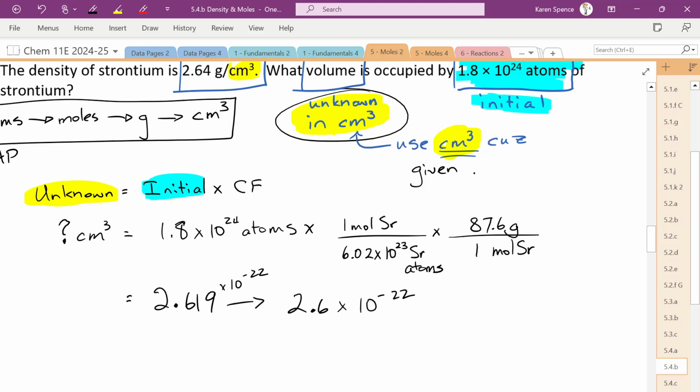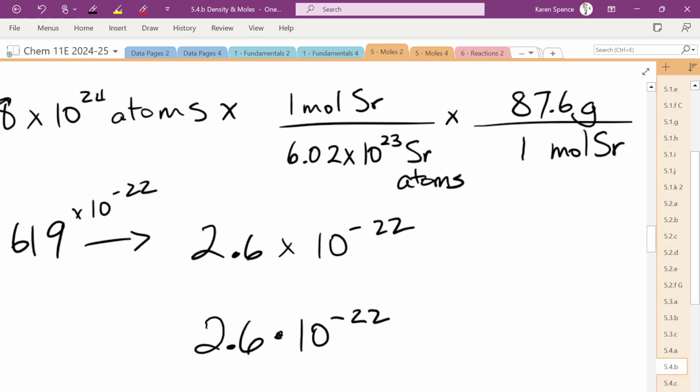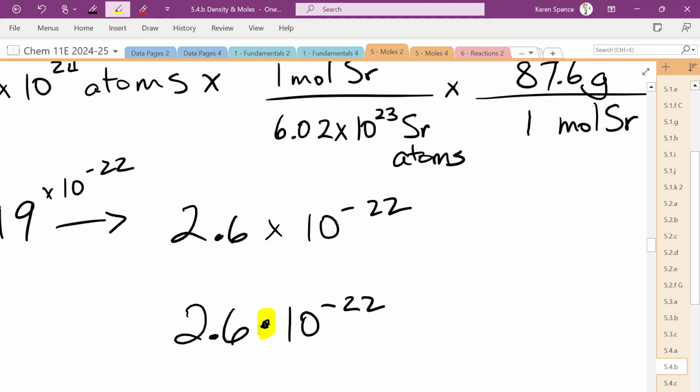Oh, one last thing that I noticed on the quiz is I have some people who are liking to use this notation instead of that notation. I think it is just clearer if you use that, because that can sometimes get mistaken for a decimal, depending on how tidy your writing is.